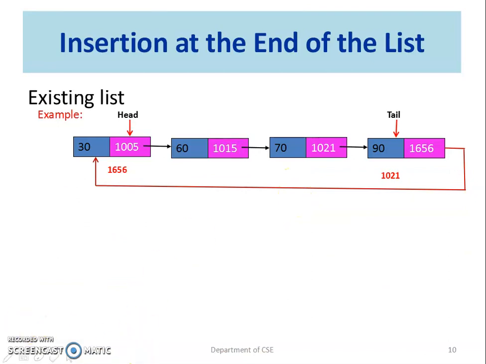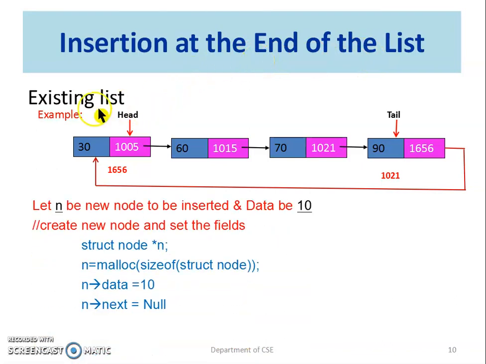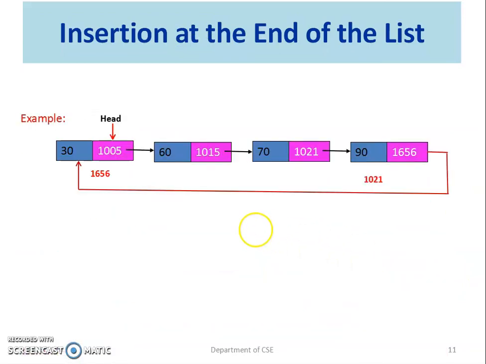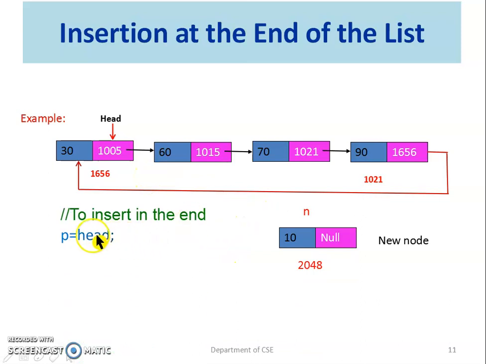Next, let us see how insertion of the node is done in the end of the circular list. The first step of insertion is the creation of new node and setting the fields. This is done as usual. Thus, a new node is created. To insert in the end, we make use of a temporary pointer P, which is made to point to the head node initially.